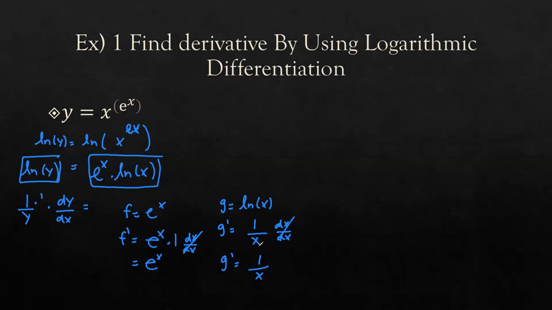Now apply the product rule. The product rule is f prime times g plus g prime times f. So f prime is e to the x times regular g, which is ln of x, plus g prime, which is 1 over x, times regular f, which is e to the x.